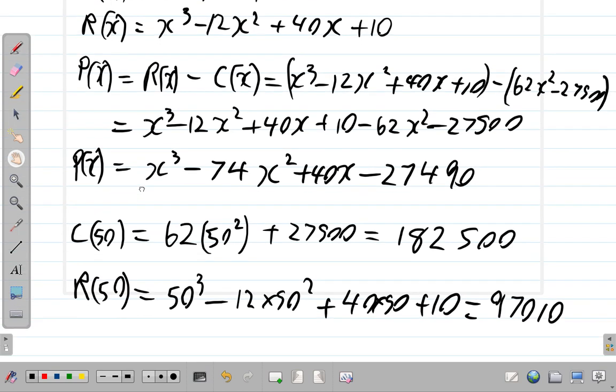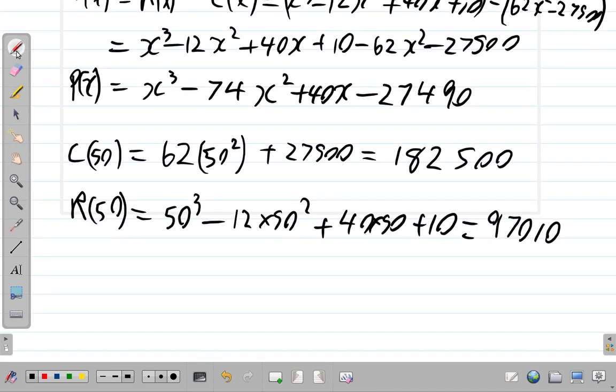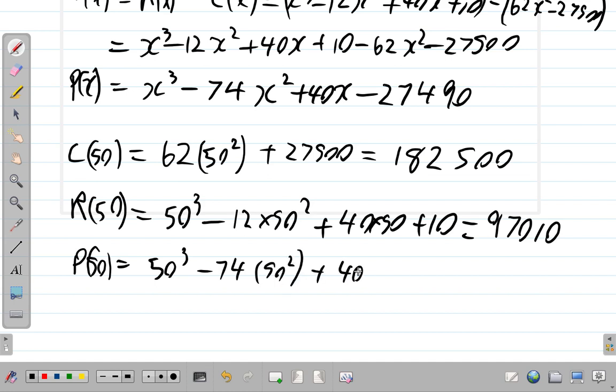All right, and the profit at 50, this is P(x), but we want P(50), equals 50 cubed minus 74 by 50 squared plus 40 by 50 minus 27,490. What would that give us now?